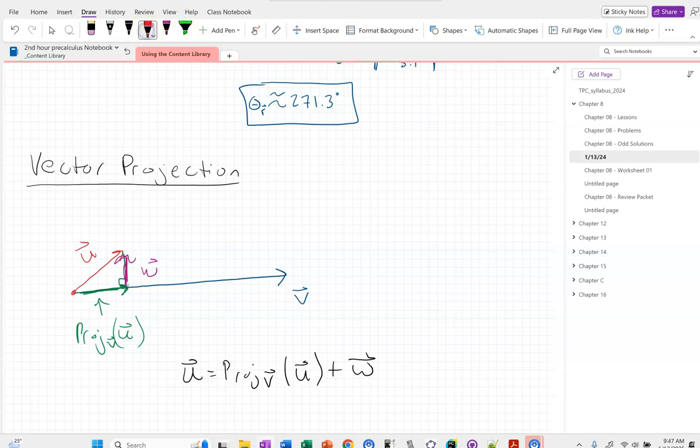So this is what I had stated before, where I can rewrite vector u as some vector in the same direction as v plus some other stuff, and the other stuff is that w. So that's geometrically what we're describing. That's what it's doing.